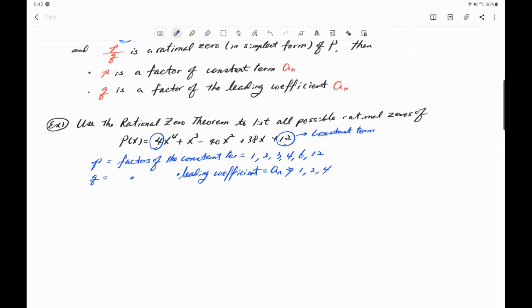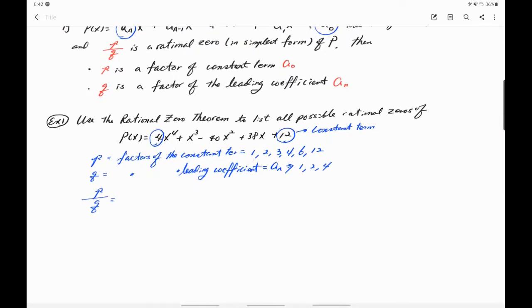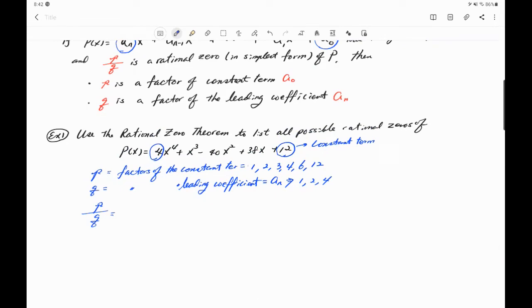All right, so let's write p over q. Negative numbers are also possible, so we will just use plus or minus. So you can write plus or minus 1.